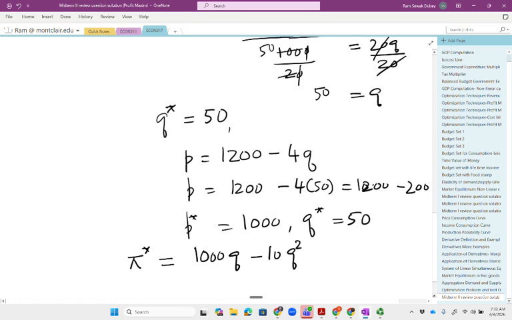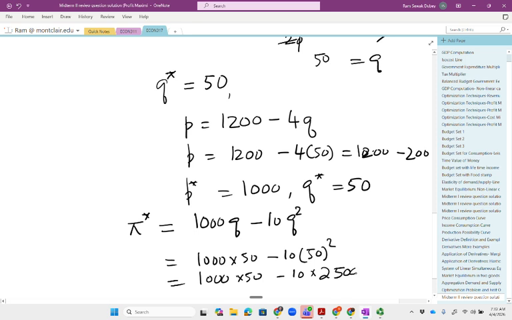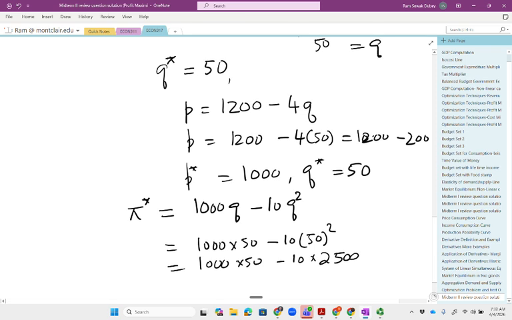So I can plug the value of Q here. 1000 times 50 minus 10 times 50 square, and 50 square is 50 multiplied by itself, 2500.